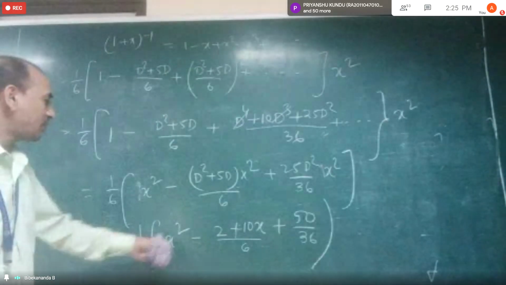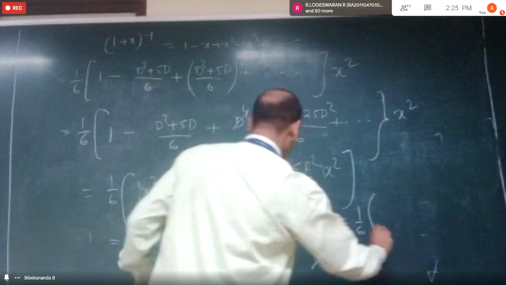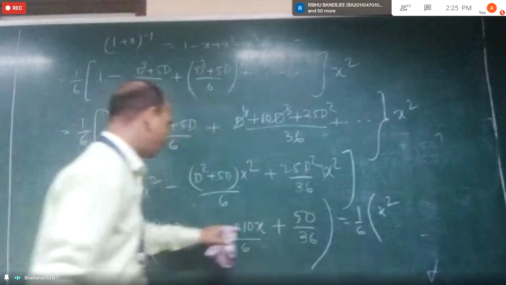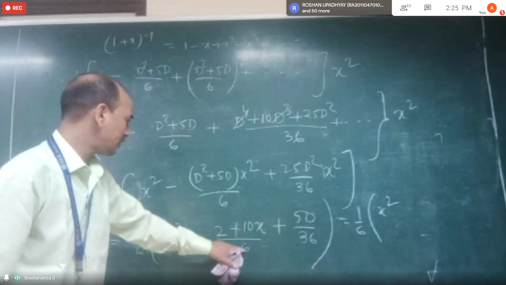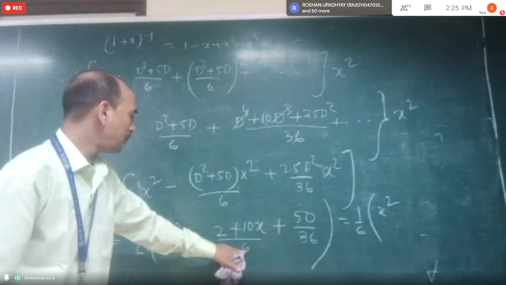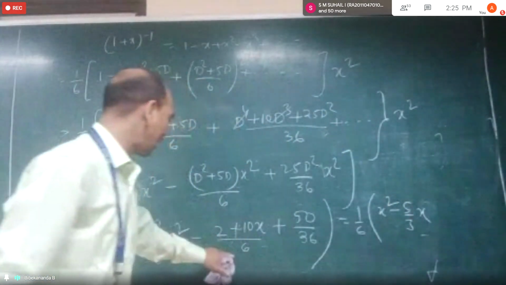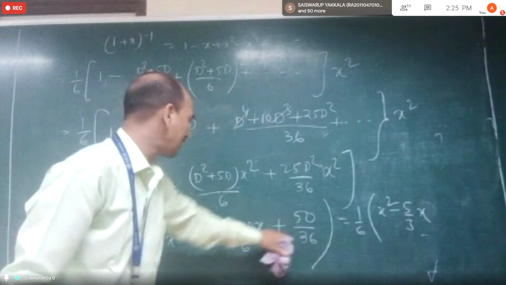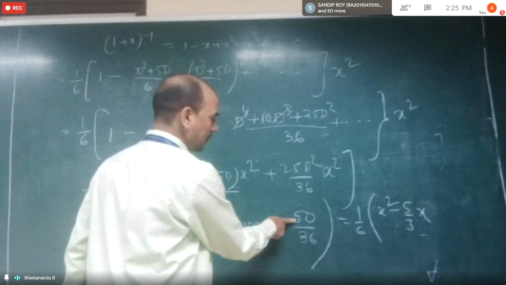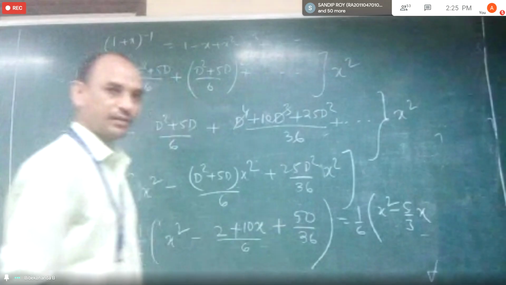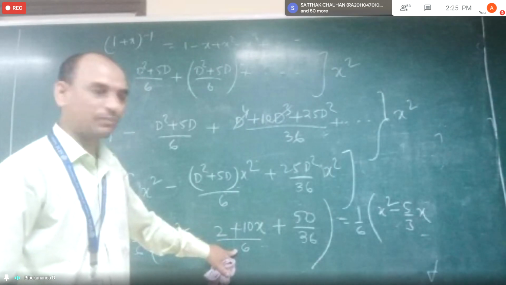Now you can take something common and simplify it. 1 by 6 x square, and here 2 is common. So you can make it here minus 5 by 3 x, and here I will have minus 1 by 3. So 50 by 36 means how much? 50 by 36 means 25 by 18. Here I will have 2 by 6, minus 2 by 6 is 1 by 3.